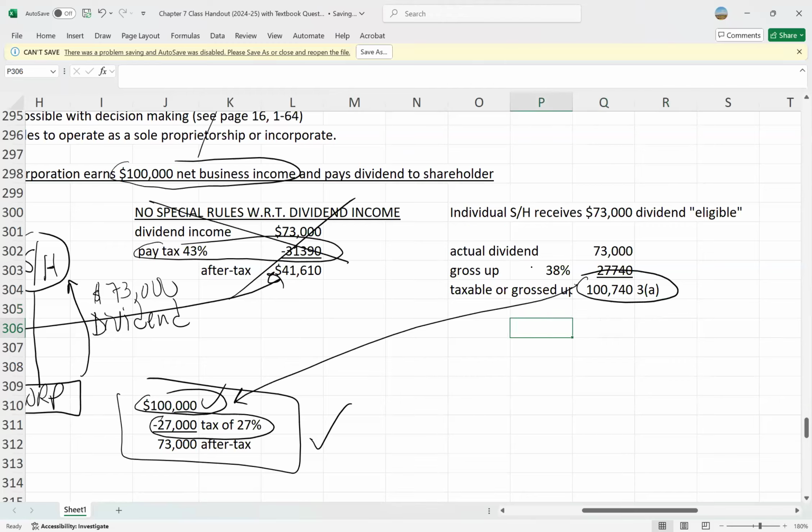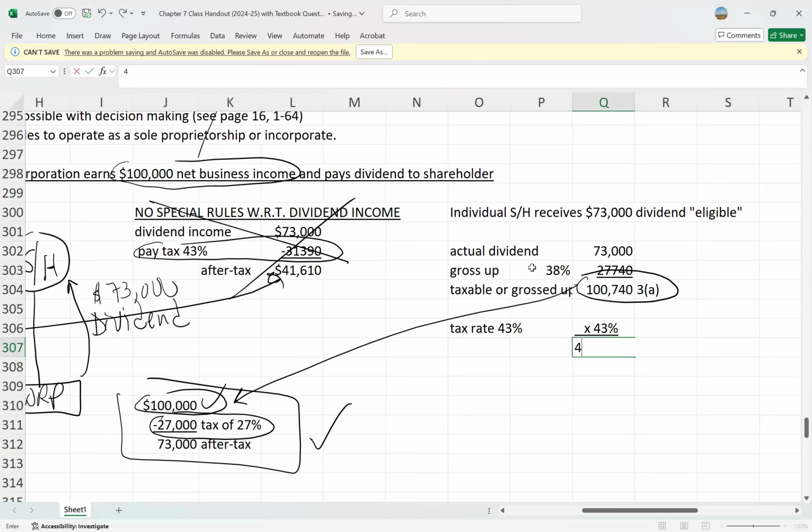We are now going to apply the individual's tax rate. So the tax rate for this individual is 43%. So we're going to multiply this by 43%. And the amount of tax that will result will be 43,318.